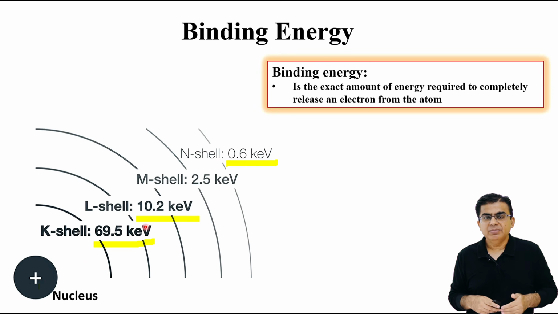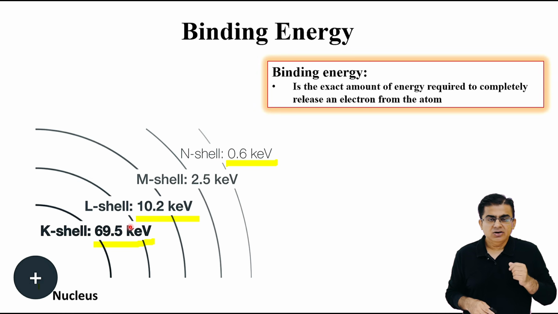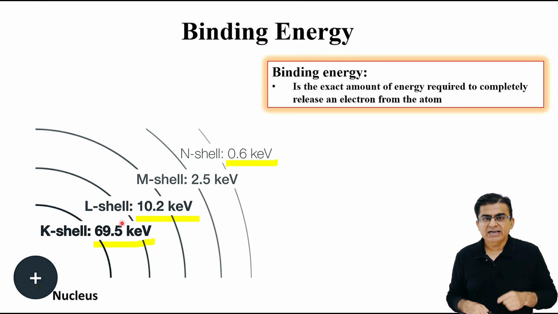Now, why is this specific number so incredibly important for us? In order to successfully knock a tightly bound K-shell electron completely out of its orbit, the kinetic energy of an incoming high-speed electron must be stronger than the binding energy of this tightly bound K-shell electron. The bombarding electron arriving from the cathode must possess a kinetic energy strictly greater than 69.5 keV.